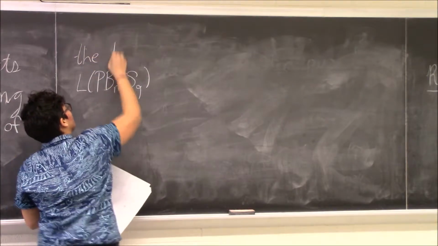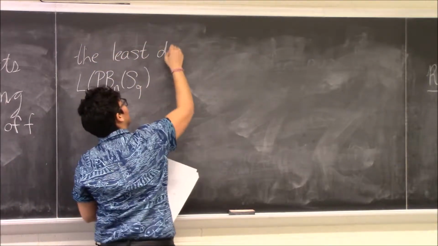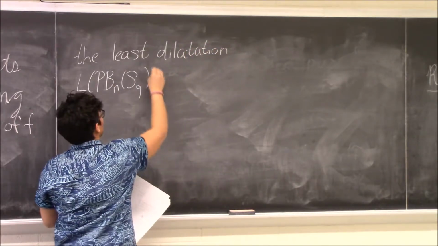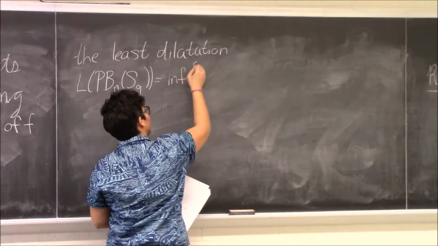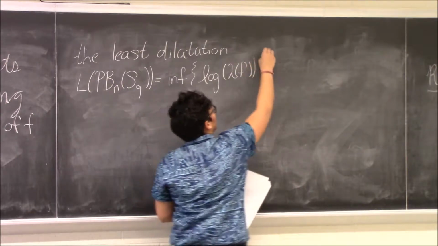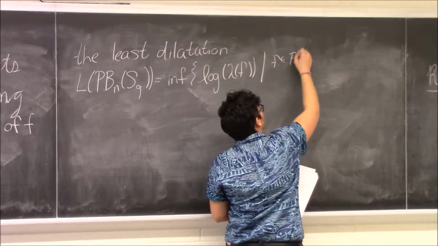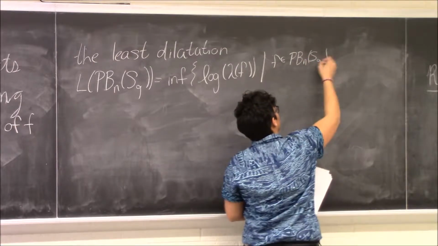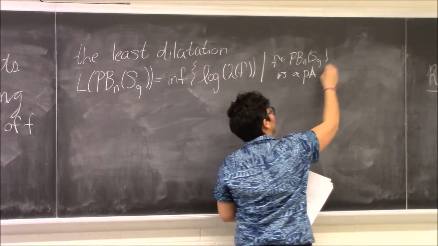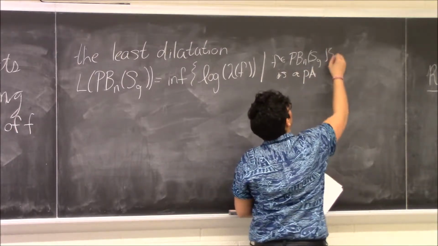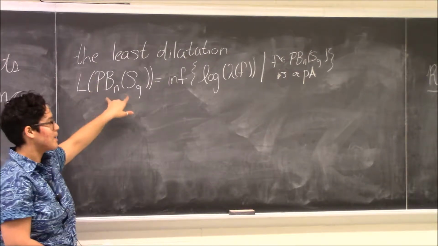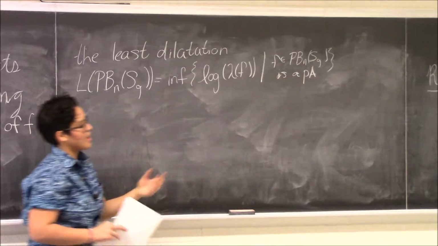What I actually mean is I'm going to look at the infimum of not just the dilatation, but the log of the dilatation. And I'll look at this over all of my mapping classes in my pure braid group which are pseudo-Anosov. And so you can note that I can use the same notation for the mapping class group, if I just look at all pseudo-Anosovs in the mapping class group or any other subgroup.